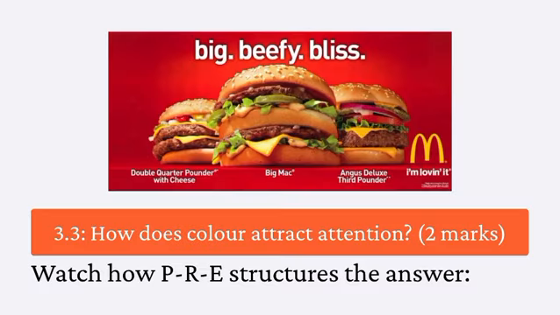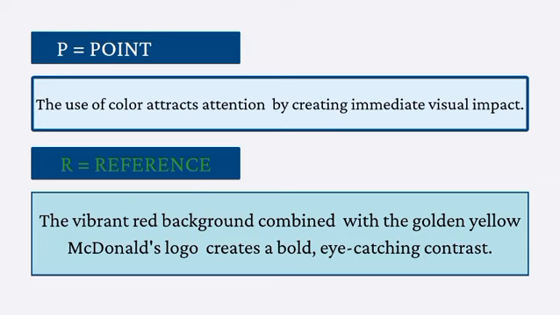Question 3.3. Explain how the use of color attracts the reader's attention. 2 marks. Here's my complete PRE answer. Point: the use of color attracts attention by creating an immediate visual impact. Reference: the vibrant red background combined with the golden yellow McDonald's logo creates a bold, eye-catching contrast.